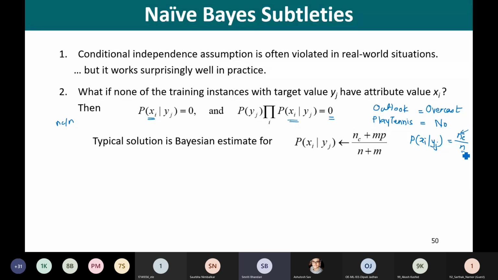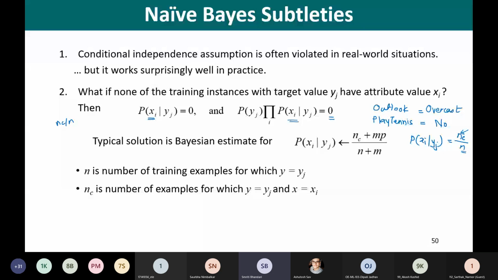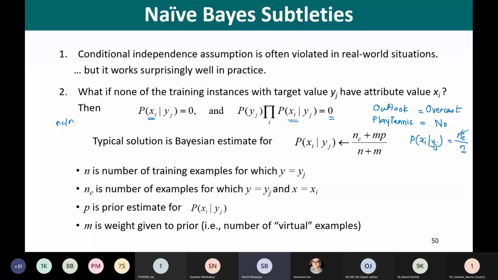But now the solution is, instead of computing this probability as nc divided by n, we are computing this probability as nc plus mp divided by n plus m, where n is the number of training examples for which y value is yj, nc is number of examples for which y equal to yj and x equal to xi, p is the prior estimate for probability of xi given yj, and m is actually the weight given to this prior.